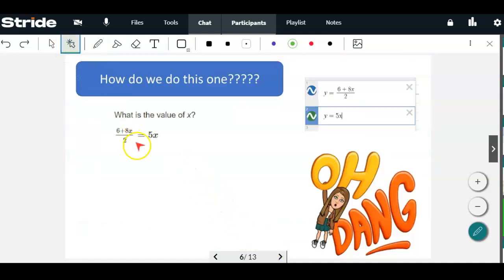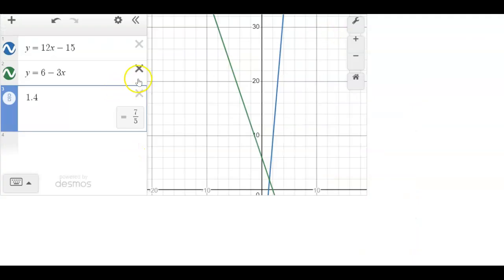Oh yeah. So this one should look like this on the calculator, and this side should look like this. So let's try this together. 6 plus 8x over 2. You have to be careful.